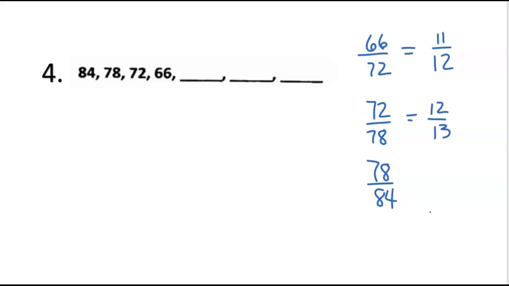I think it's easier to see what's going on here using fractions. Whether you're using fractions or looking at the decimal, did you get the same number every time? Or did you get a different number every time? It's a different number every time, so there is not a multiplier, so it is not a geometric sequence.